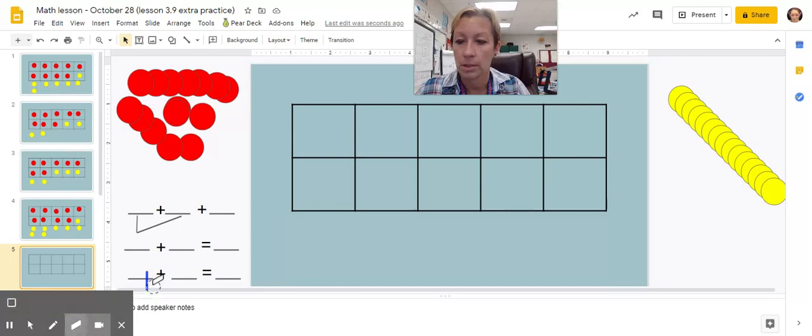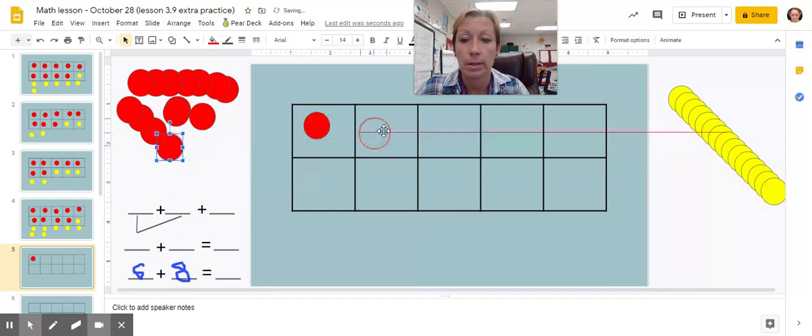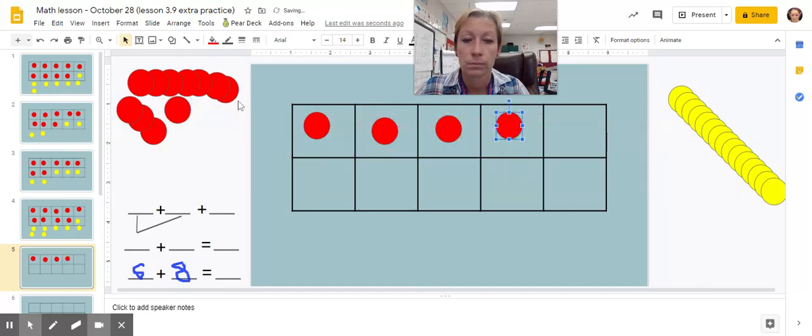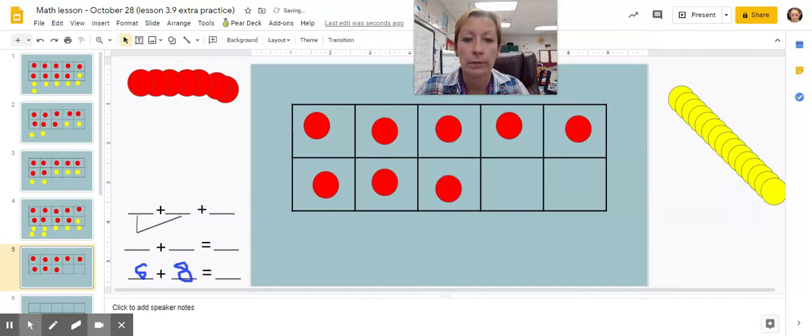All right, let's do 6 plus 8. 6 plus 8. Now look at those two addends. Tell me which is more, 6 or 8. 8 is more, so we're going to put 8 in the 10 frame. And what are we putting on the outside of the frame?